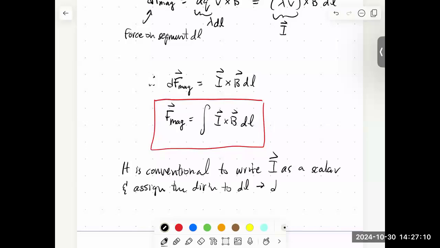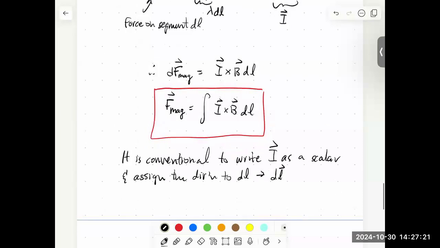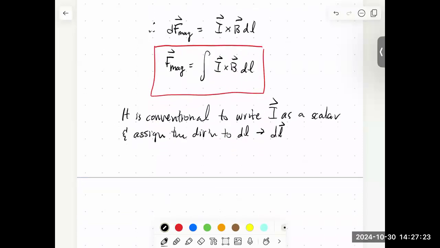So dl becomes the dl vector, and the direction of the dl vector has to be in the direction of the current. I personally like this version better, but what you'll often see written is that the magnetic force on our current carrying wire would be the integral of I times dl cross B. And so that's an equivalent expression.